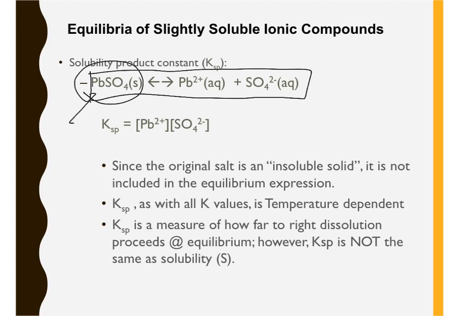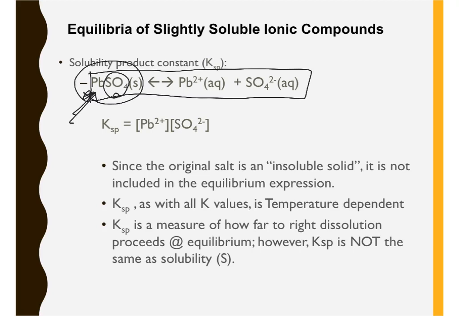And lead is one of those cations, if you remember anything at all about the solubility rules, that tend to make things insoluble. So even though sulfates are usually soluble, this lead is making it not very soluble.